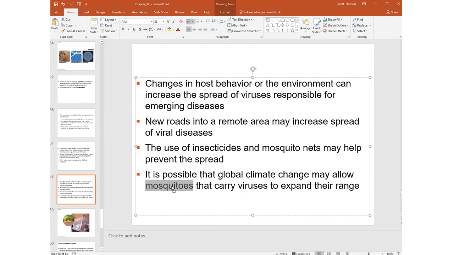There are certain mosquitoes that are adapted to tropical climates or warm climates, and they cannot survive in cooler climates. But if the global climate gets warmer, then the areas of warmer climate in the world will expand, and that might expand the range of mosquitoes and other things that spread different types of disease.